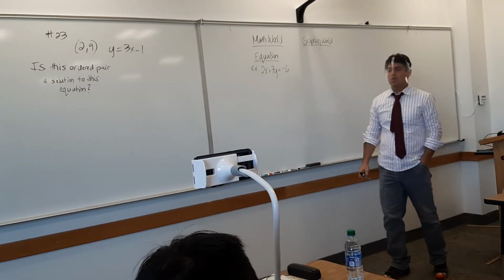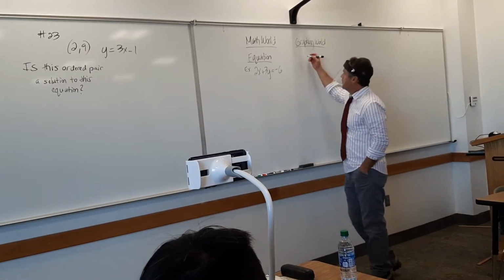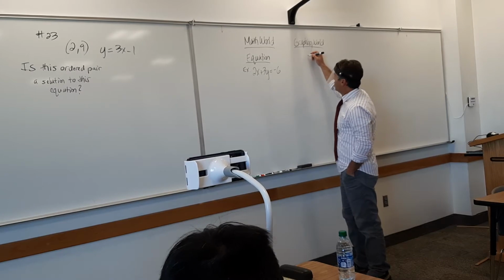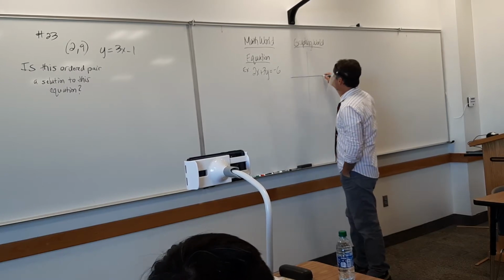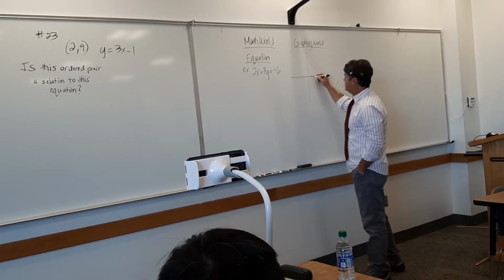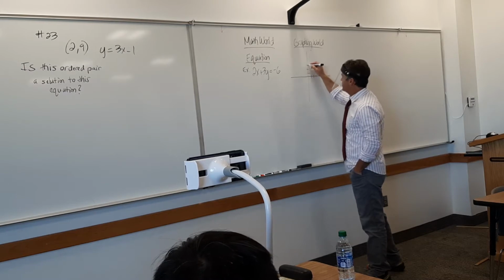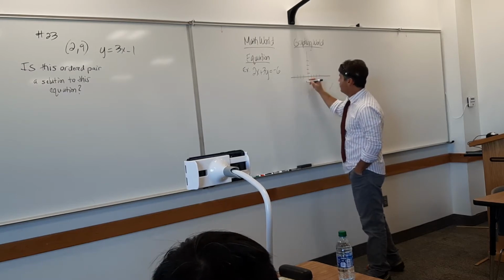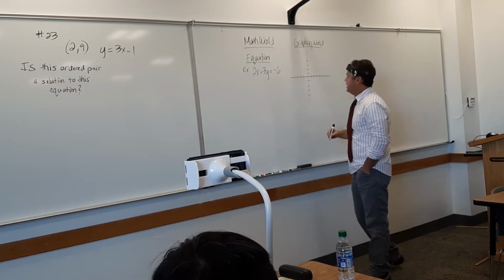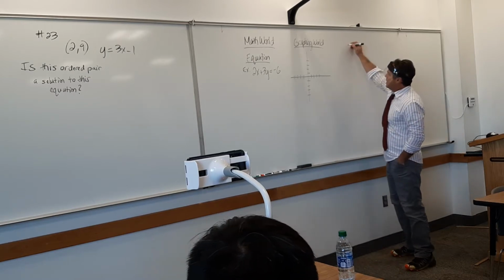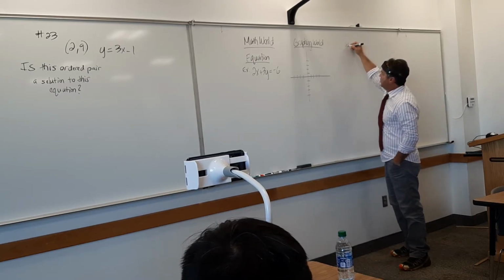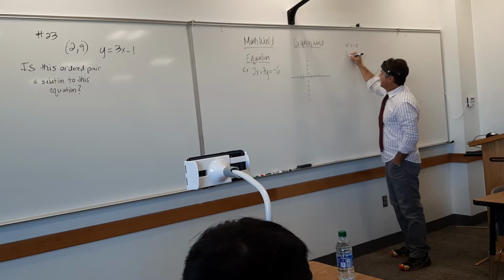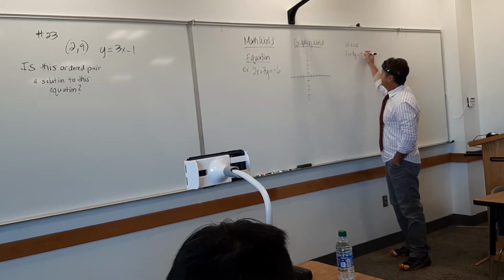Pictures are good. Okay. And so in the graphing world, if we graph this equation, we have a grid. Last time that we met, we said, let x equal 0. We had 2x plus 3y equal -6.